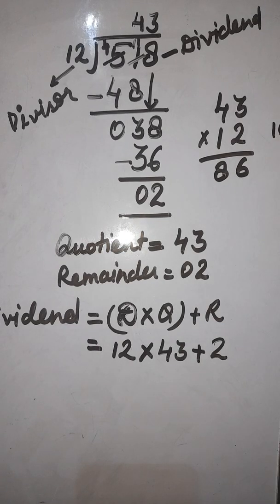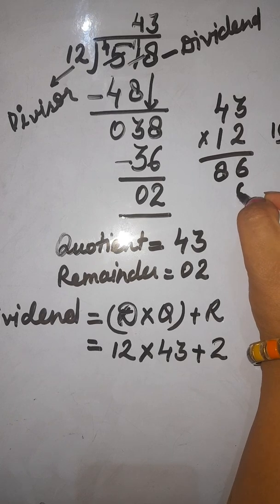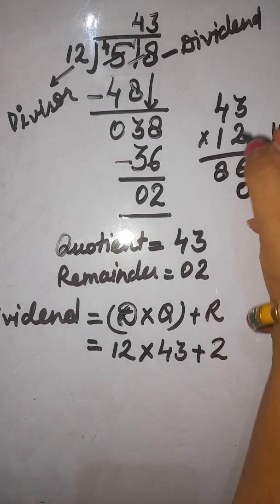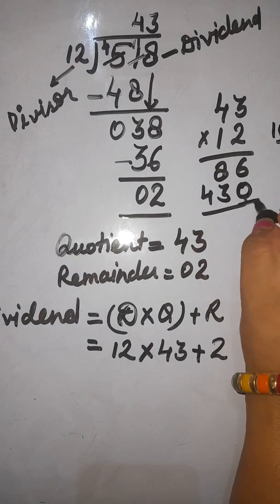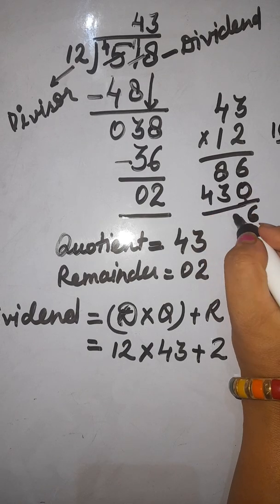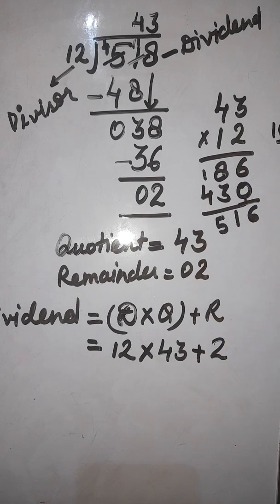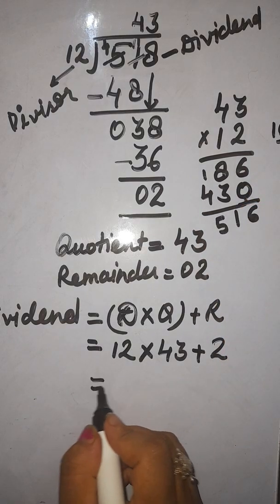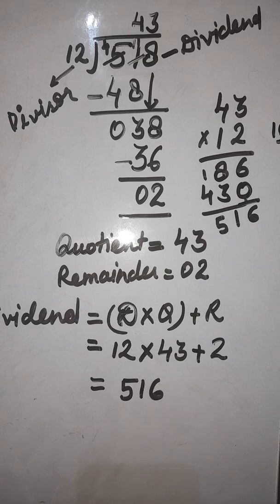So this 0 is in the ones place, so we'll write it here. Now 1 3s are 3, 1 4s are 4. It is 6, 11, 1 carry, 4 and 1, 5. So we'll write here 516.